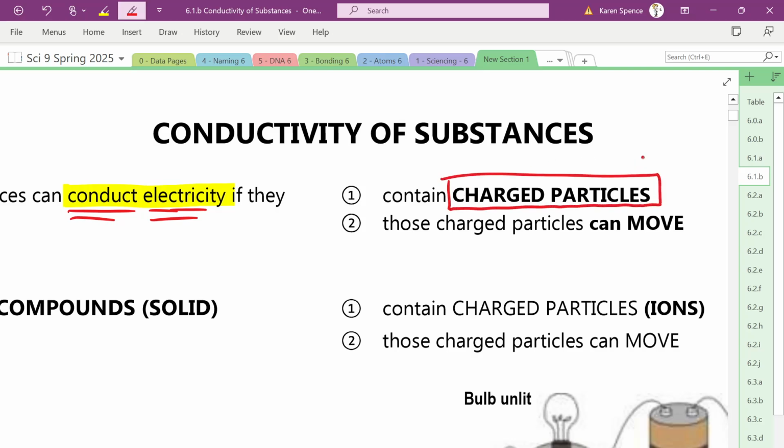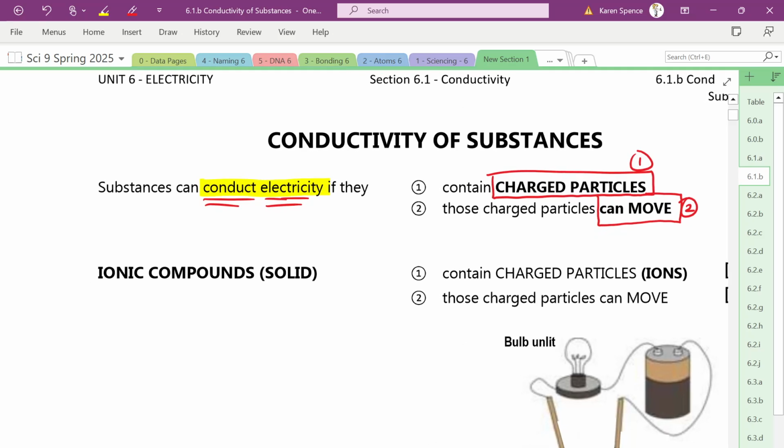Okay, so that's number one. And if you want to have something that can conduct electricity, those charged particles have to be able to move. So you can't just have charged particles, they also have to be mobile. Okay?